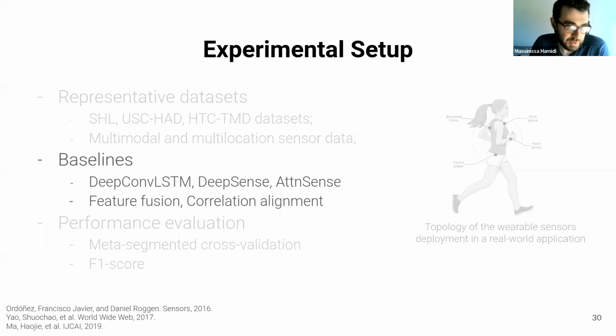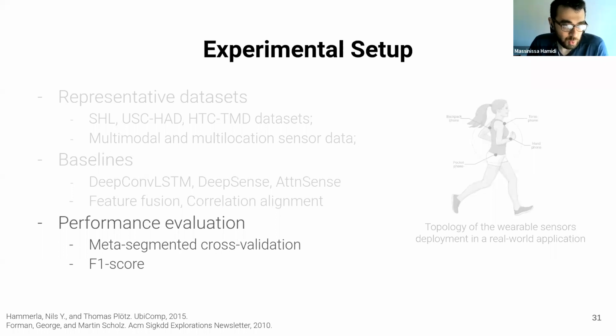For reference, obtained results are compared against various baselines from the human activity recognition literature, for example DeepConvLSTM, DeepSense, and AttnSense. We also compare against custom baselines. We use meta-segmented cross-validation for the evaluation to alleviate the problem of performance overestimation, and the F1 score is used to measure the performances.